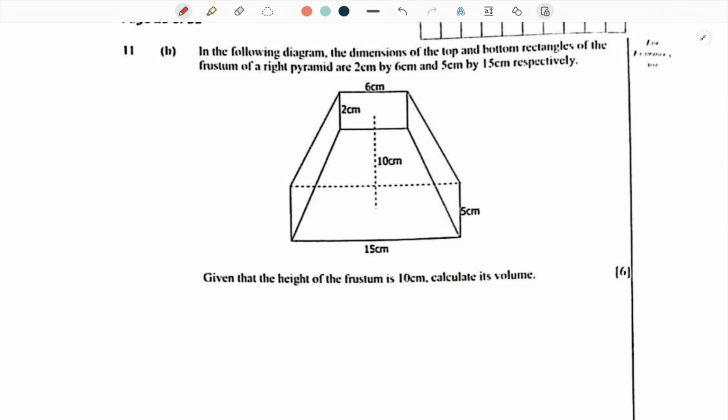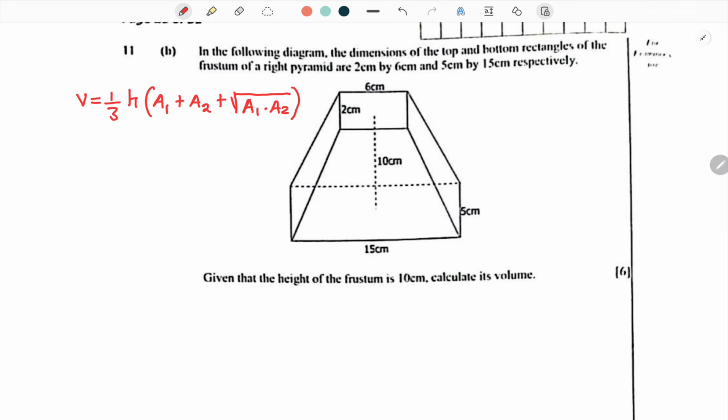So the first thing that you need to do, whenever you are calculating the volume of a frustrum, the formula that you are going to use is this one. Volume of a frustrum is given by 1/3 multiplied by the height, open bracket, area 1 plus area 2 plus the square root of area 1 multiplied by area 2.